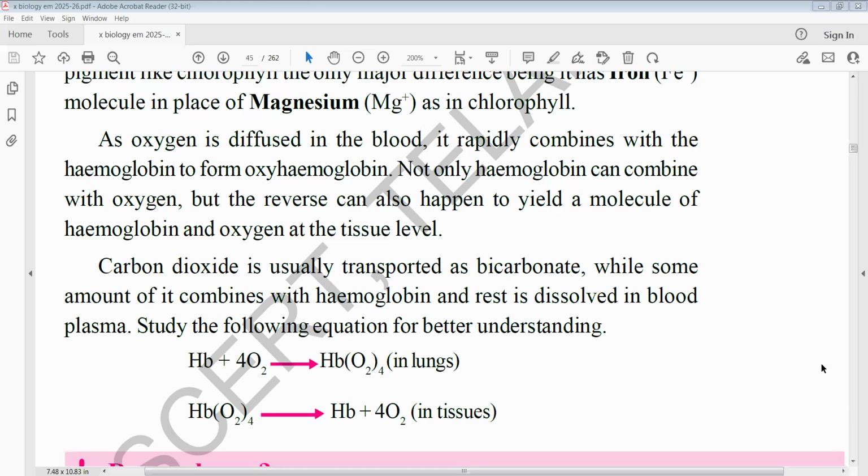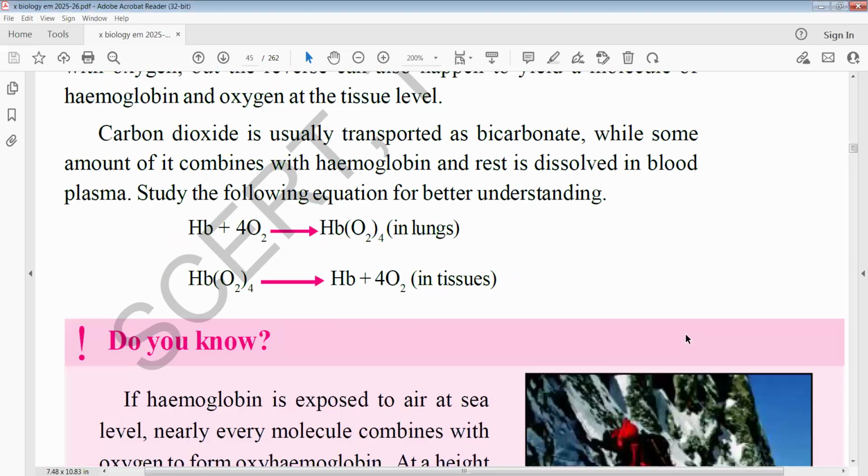And another thing I would like to say concerns bicarbonates. When hemoglobin leaves the oxygen in the tissues, it combines with carbon dioxide. Here carbon dioxide is usually in the form of bicarbonate, HCO3 minus.